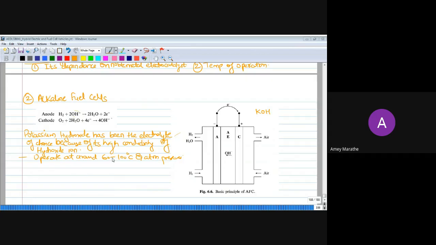So we can say that this type of alkaline fuel cell can be utilized in EV applications. Basically, lower working temperature works in the favor of the alkaline fuel cell. That is the whole idea.